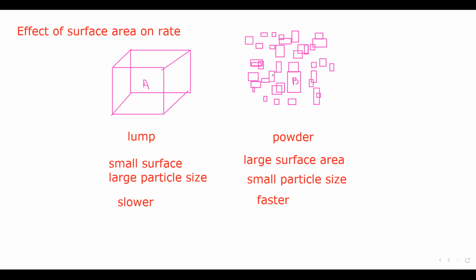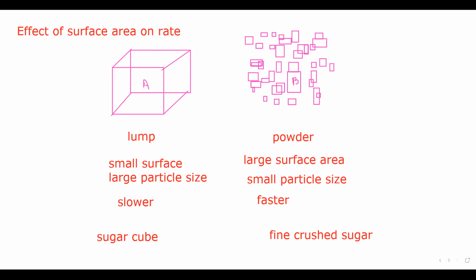For example, if I have sugar cubes and fine sugar, two things are there, one is a large sugar cube, another one is fine crushed sugar. Which one do you think will dissolve faster?